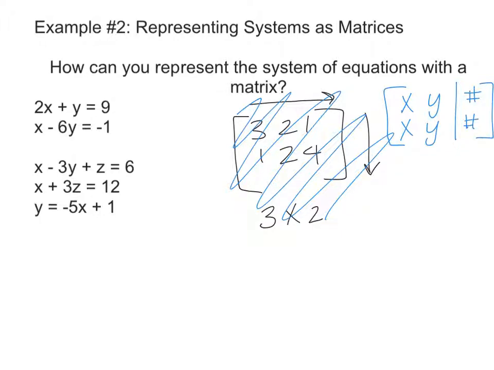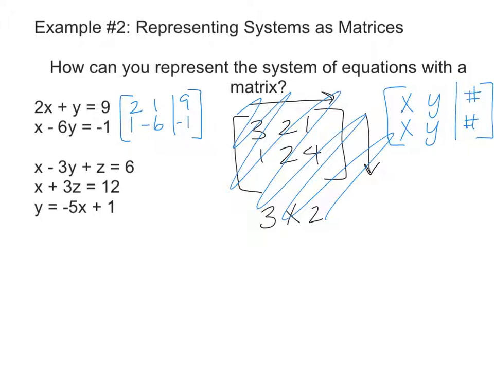On the first one, because everything's already lined up perfectly, we would write 2, the coefficient for Y is 1, and then its answer is 9. On the bottom, I would have a coefficient of 1, -6 for the Y, and the answer is -1. So I'm done there.